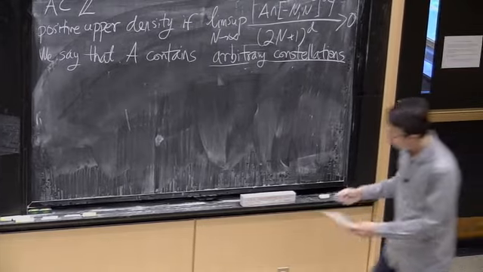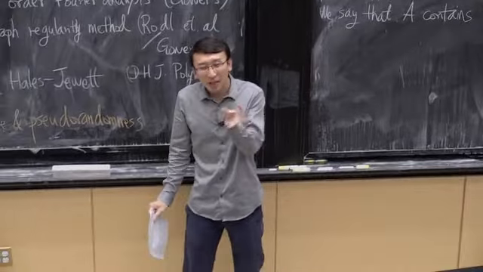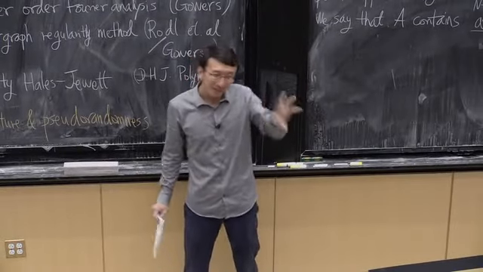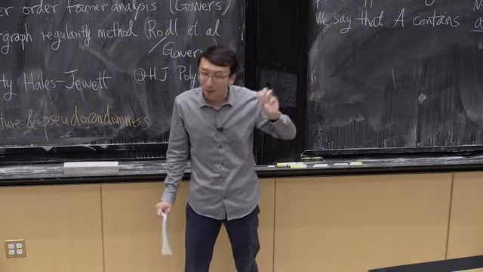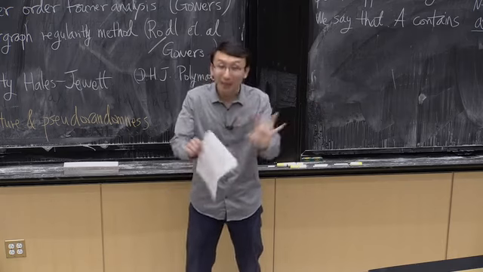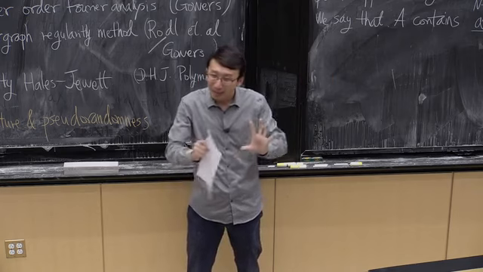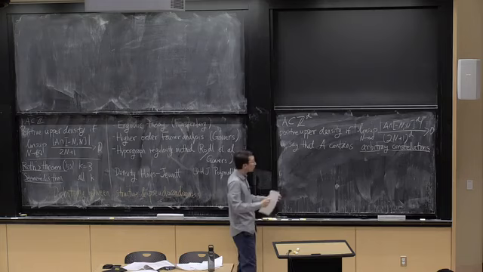So what does that mean? A constellation, you can think of it as some finite pattern, a set of stars in the sky. So some pattern, and I want to find that pattern somewhere in A, where I'm allowed to dilate, so I'm allowed to multiply the pattern by some number and also translate.